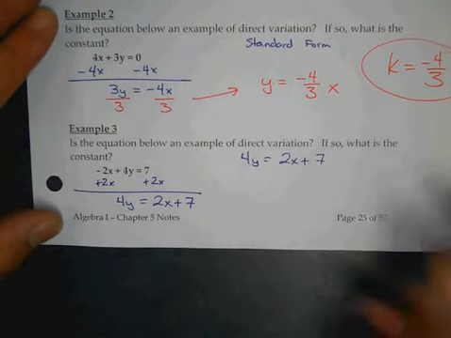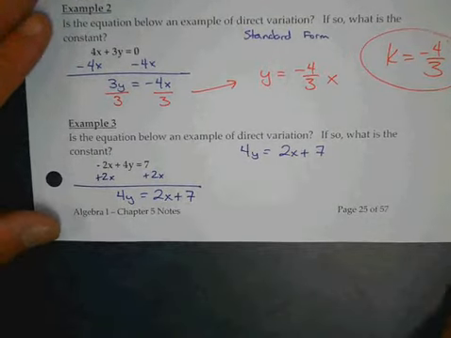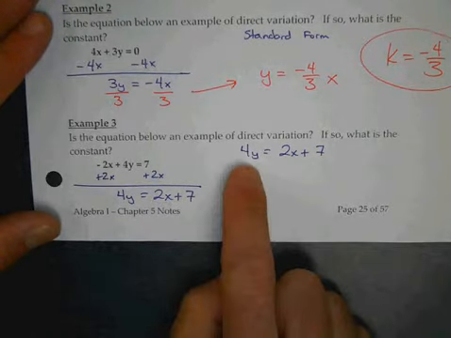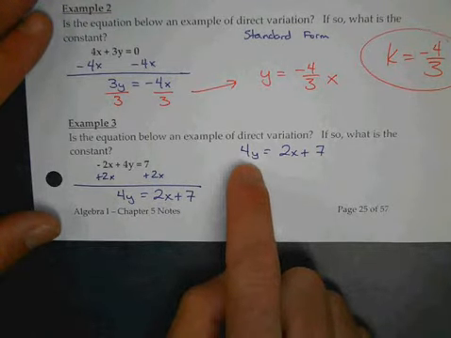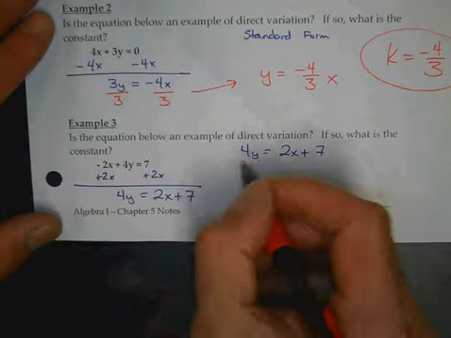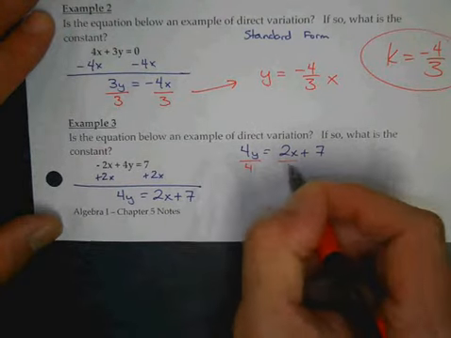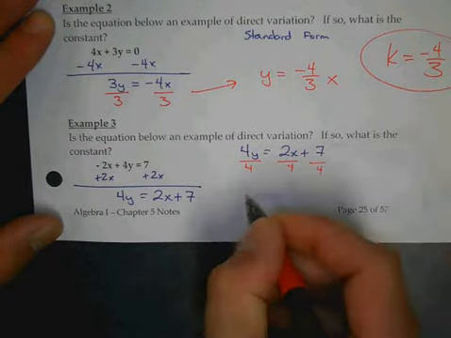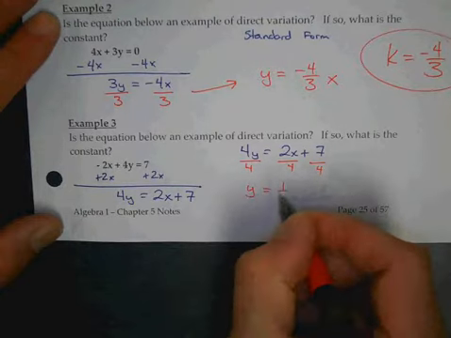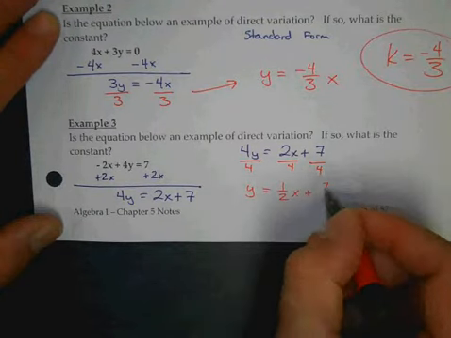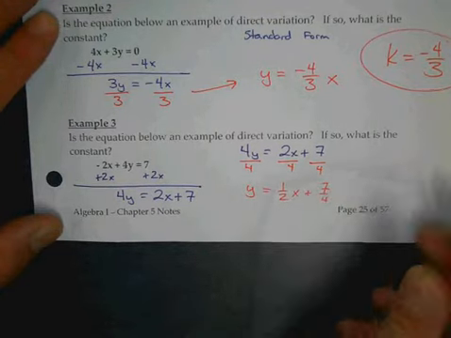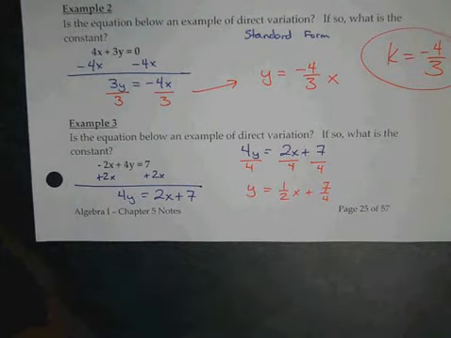Next step. Jalon, what am I going to do to get rid of the 4? Okay, so divide all 3 by 4. That gives me y equals 1/2 x plus 7/4. And now you have to analyze. Is this an example of y equals k times x and that's it? Luis is saying no. Why not, Luis?